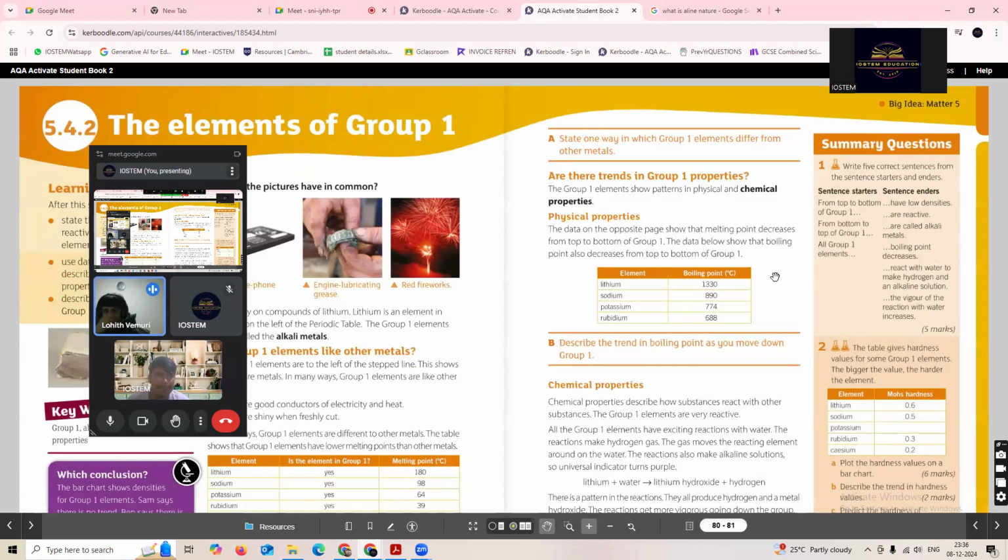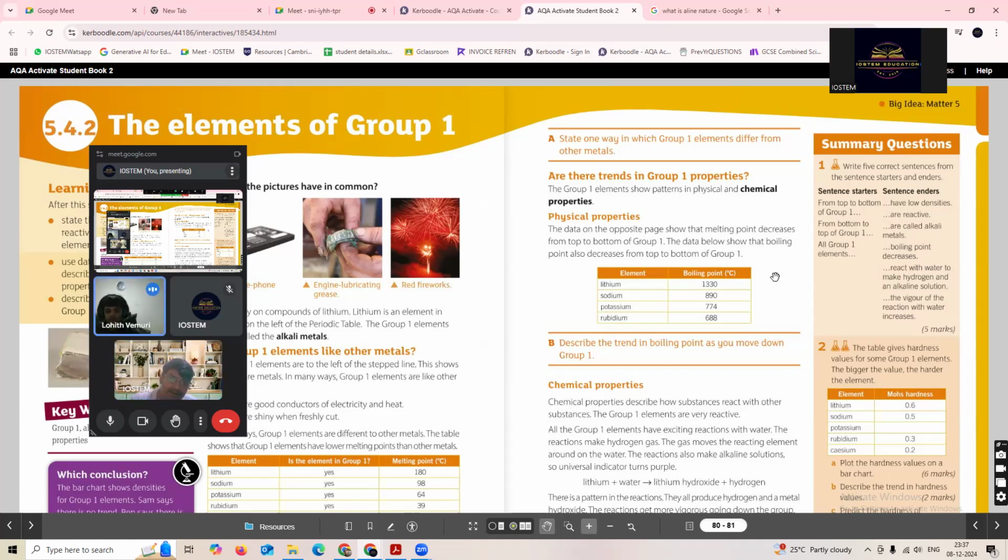From top to bottom of group 1, boiling point decreases. Good.